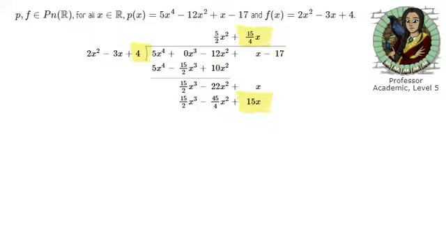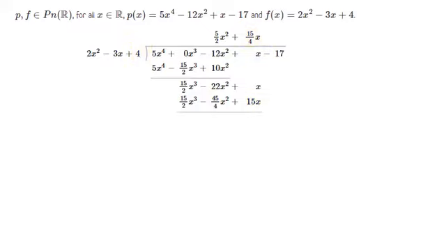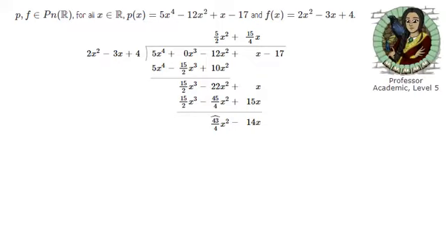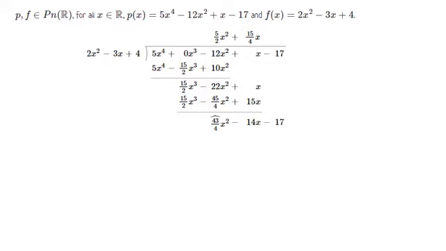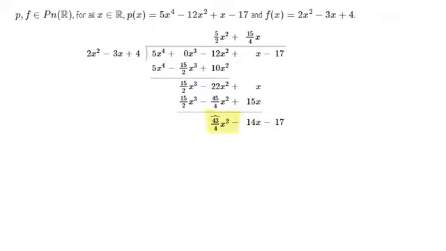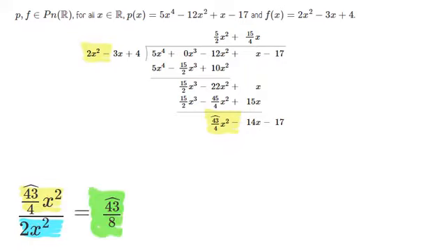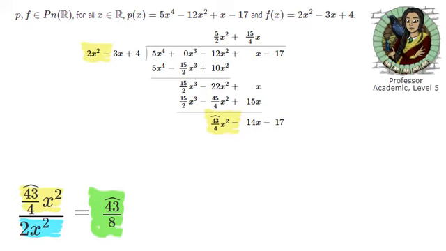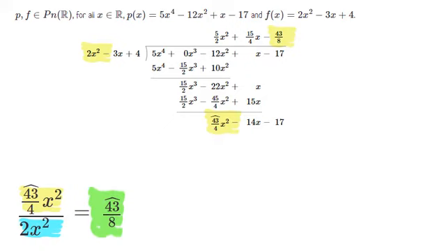Now the subtraction. Now bring down the next column from the dividend. And round we go again. Divide the first term of the new remainder by the first term of the divisor. Giving us the next term in the quotient, negative 43 over 8.